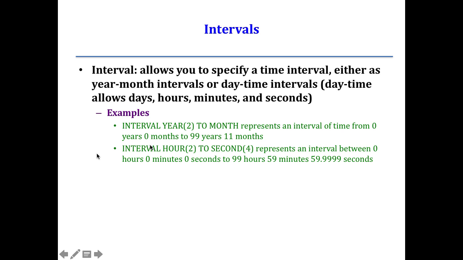Okay, this interval right here consists of hours, minutes, and seconds. And it can have up to two digits for the hour and up to four digits for the decimal point after the seconds.